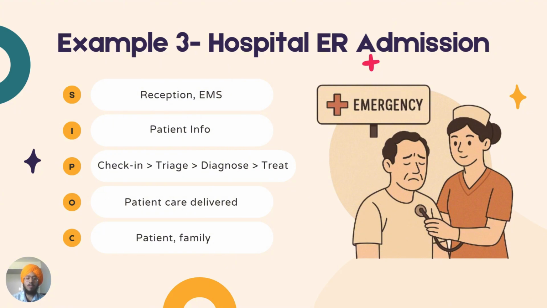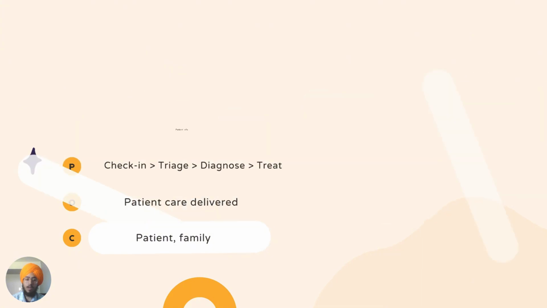The process follows several steps. First would be check-in, then triage, then diagnosis, and lastly, treatment. And the output is a stabilized or treated patient. The customer is not only the patient but also their family or friends. So this example shows how SIPOC applies even in high pressure environments.